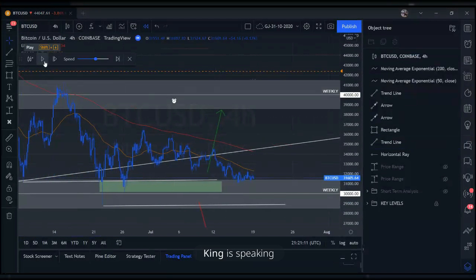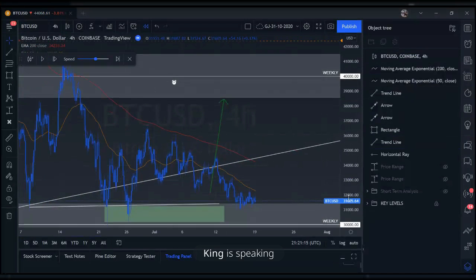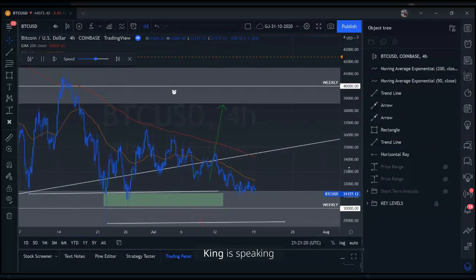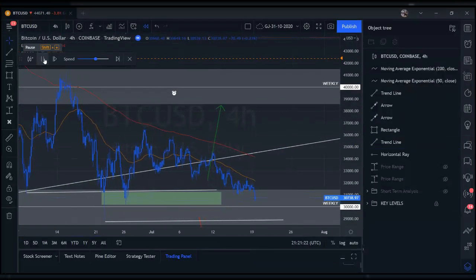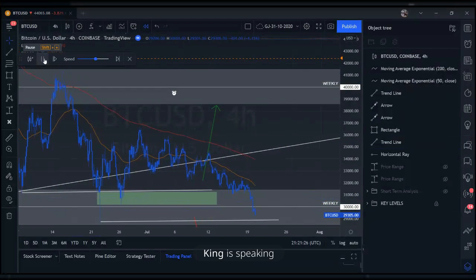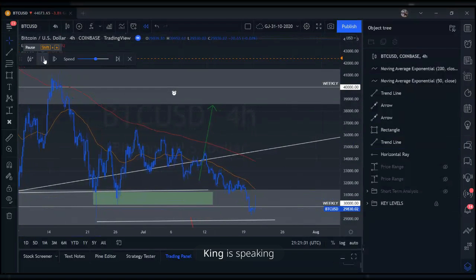While we're looking at this, we actually saw that it came down into this level, right? So we don't break below that low, we get that large pump up and the break above the 50 EMA.